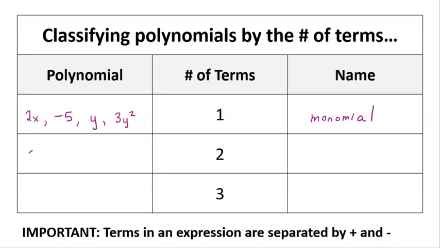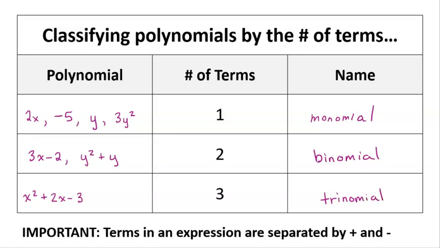So something like 3x minus 2, or y squared plus y, and that would be called a binomial. And then three terms, same thing. And so we could have something like x squared plus 2x minus 3. That would be three terms, and that's called a trinomial.